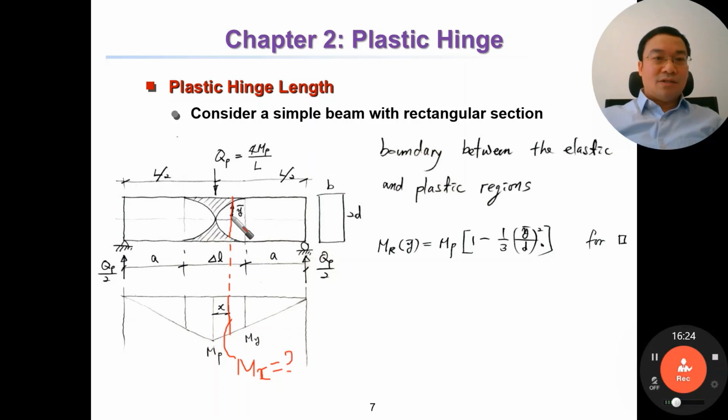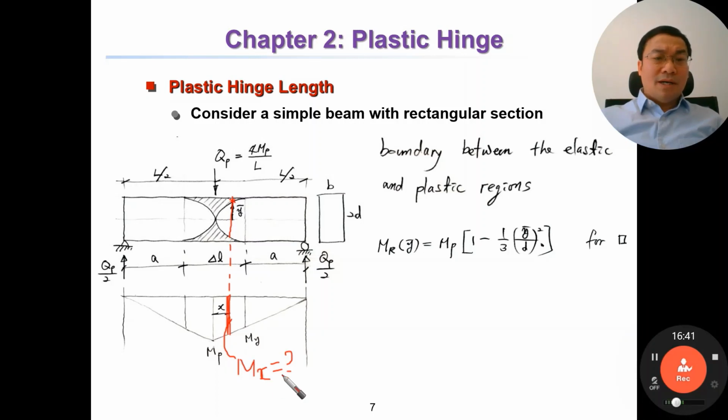Okay, this is on the structure. M here is for the section, and M here is for the structure, on the moment diagram. So what is Mx?